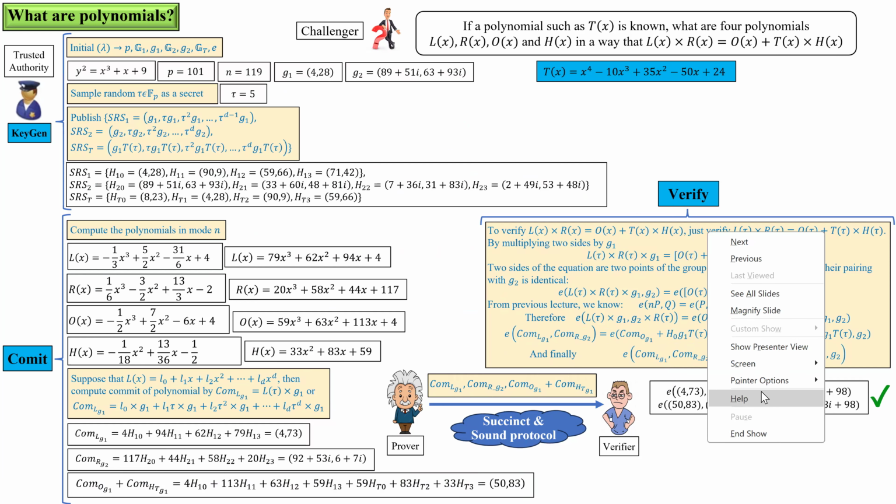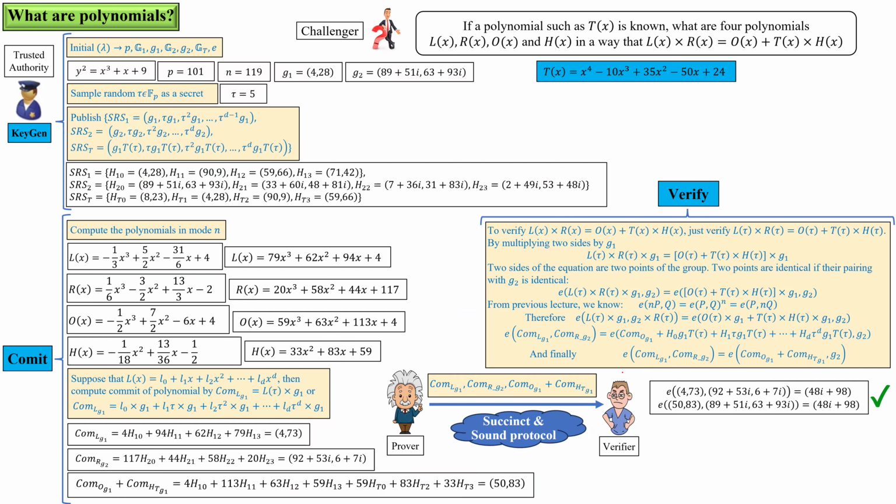Now we want to compute the pairing value again using our website. The left side says that the verifier needs to compute the pairing of the commit of L of x, which equals 4 and 73, okay? And the commit of R of x, which is this value. First we want to compute the pairing of these two values.